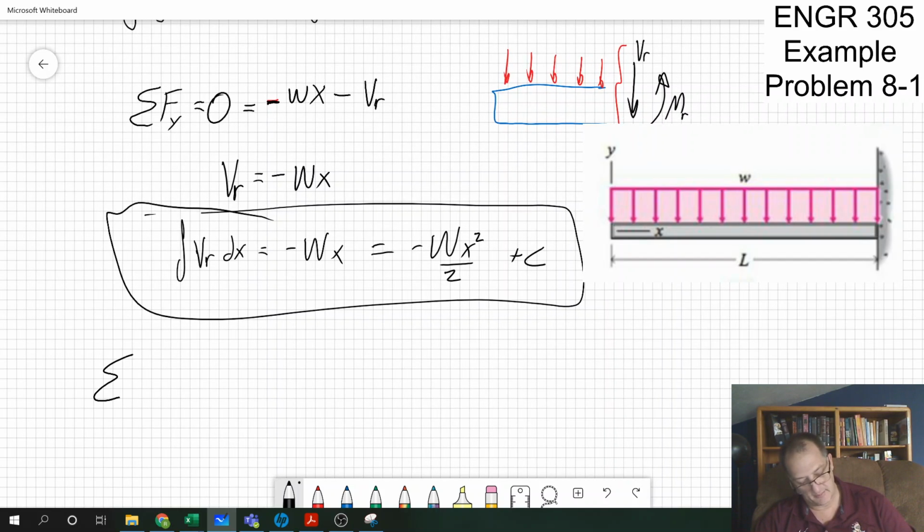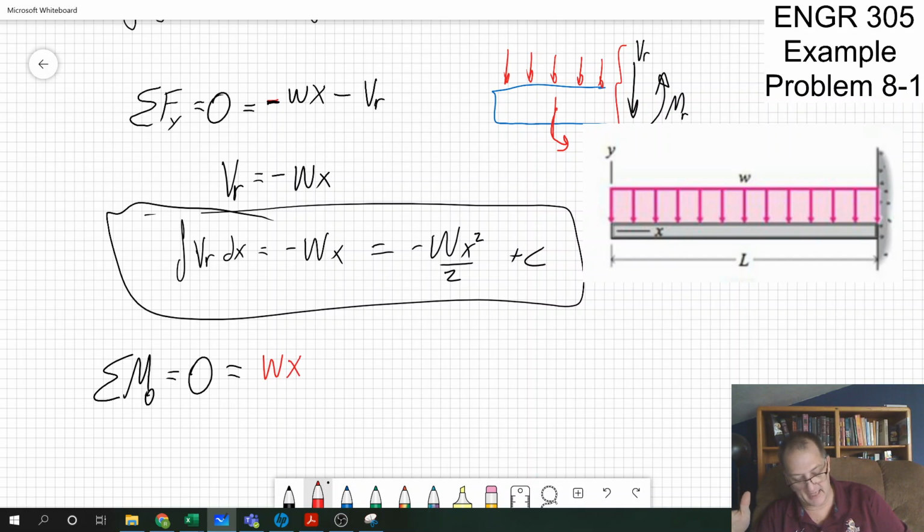I'm going to go to the sum of the moments about the cut equal to 0. This moment from this load is going to cause this to spin that way, so it's positive. So that's going to be W, times how much of it I have, x, and the place where it's being pushed down, if this is x, this line of action is x over 2.